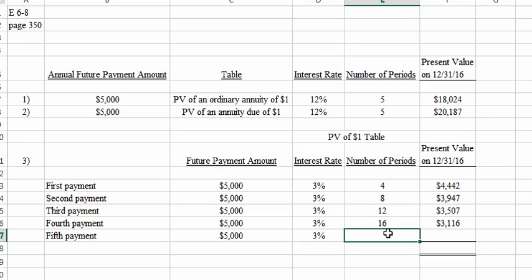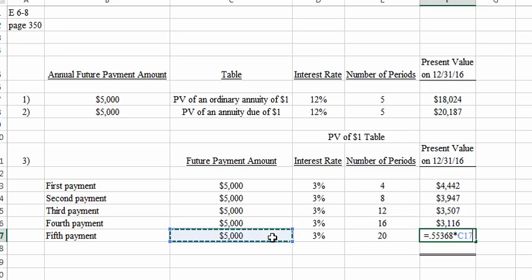All right, now 5 years, 4 quarters per year, we're dealing with 20 interest payment periods or 20 quarters. All right, so 3%, 20 quarters equals 0.55368. And we're going to multiply by the 5,000.